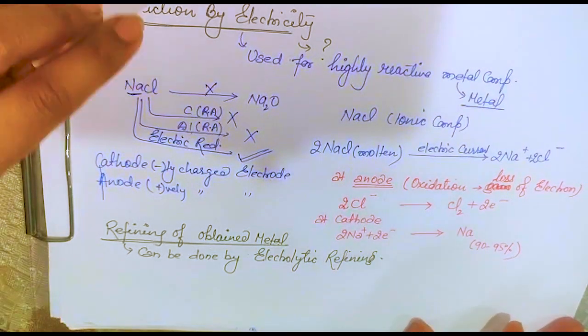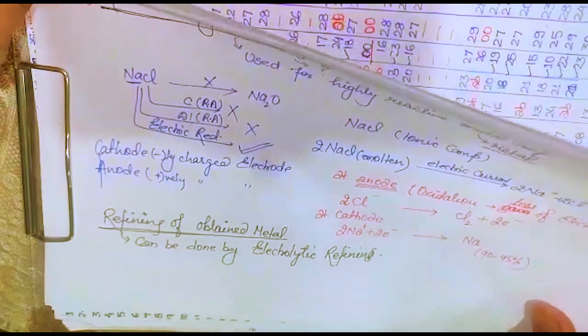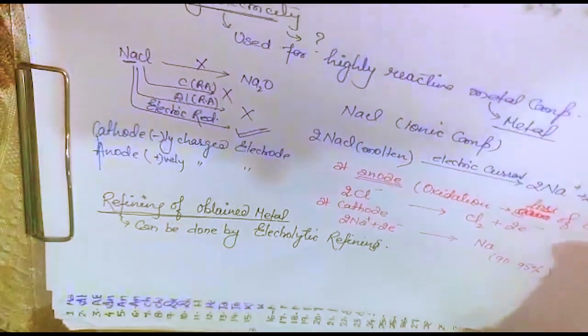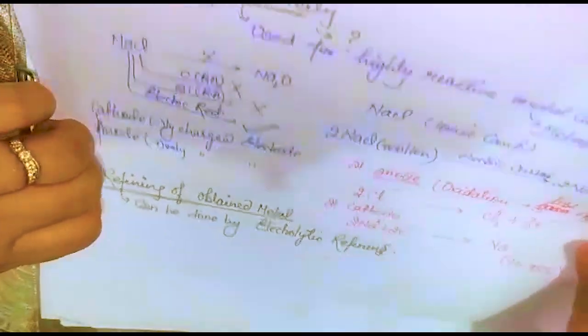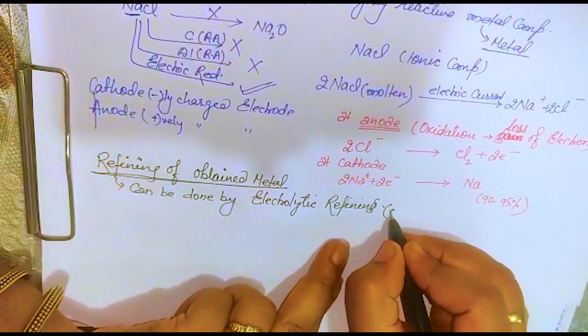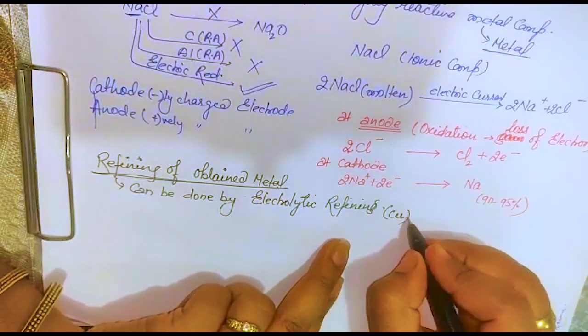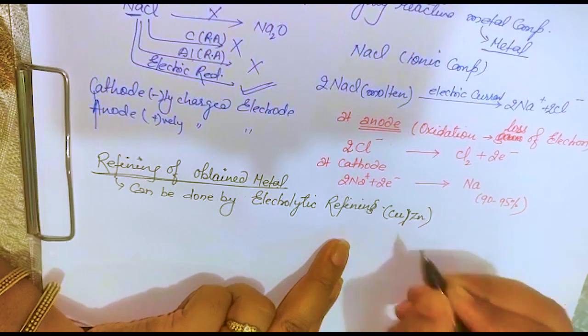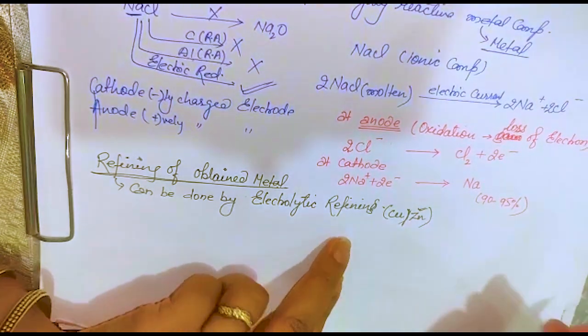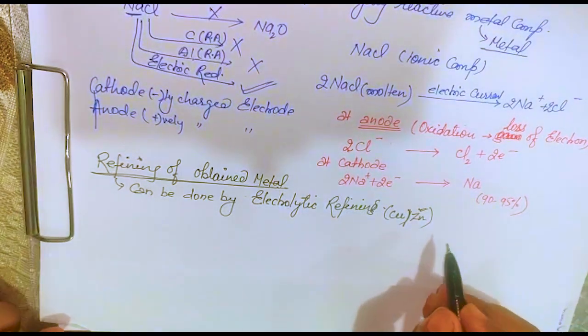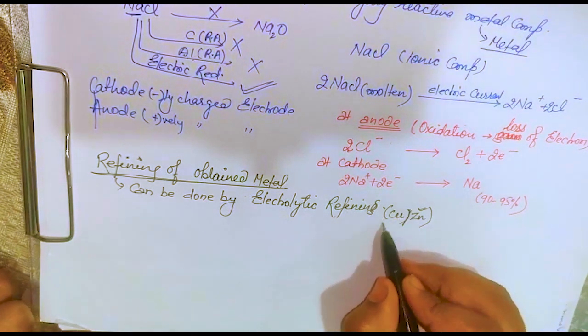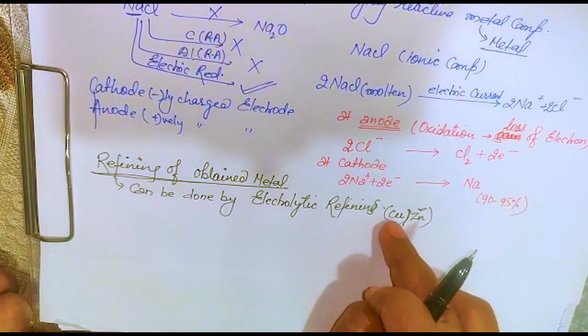And which metal do we use for electrolytic refining? That is copper. We can also use zinc; zinc also can undergo electrolytic refining, but in our class 10 syllabus, we have to use electrolytic refining for copper only.